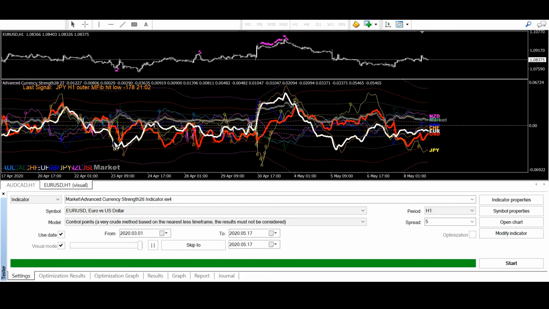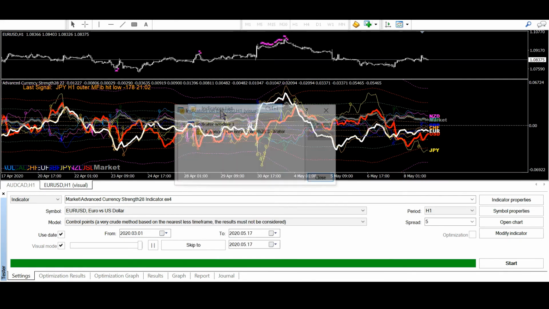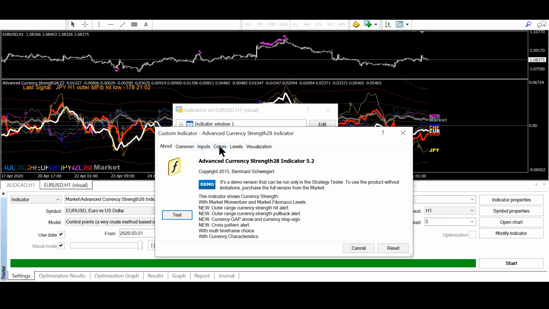Okay, I downloaded now also another indicator. This is the Advanced Currency Strength 28 indicator. It measures the strength of currencies. For example, the white line is euro and the red line is US dollar, and you want to open trades if the gap between the white line and the red line is bigger than usual, and you can take a look at the buffers.